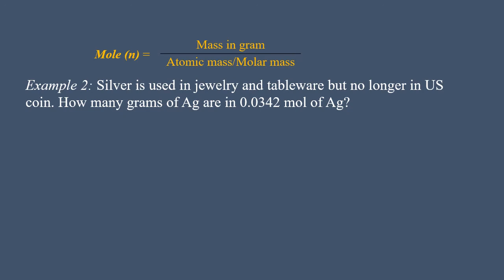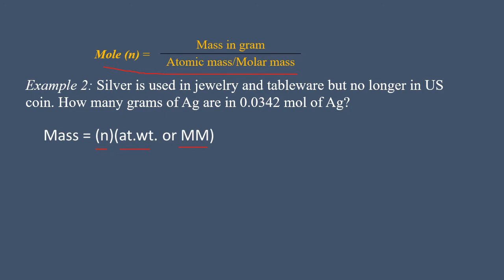Rearranging this equation, we have the new equation for calculating mass, which is mass can be calculated by multiplying the mole number with atomic weight if it is an element, or molar mass if it is a compound.